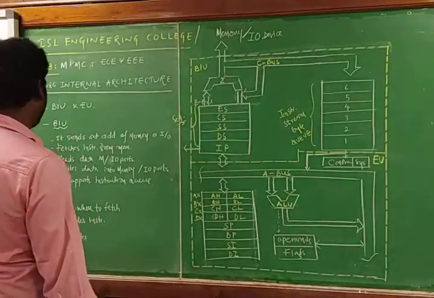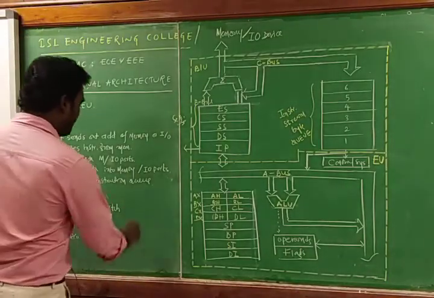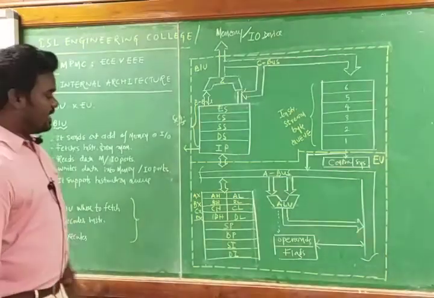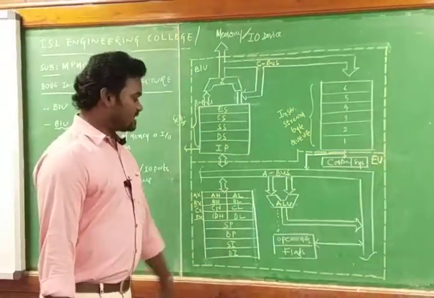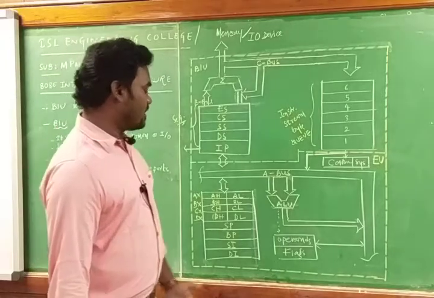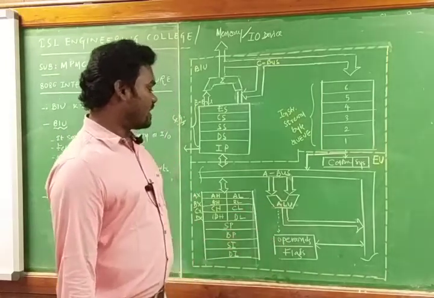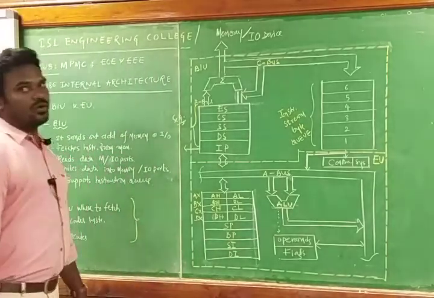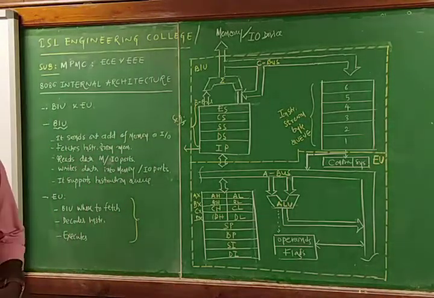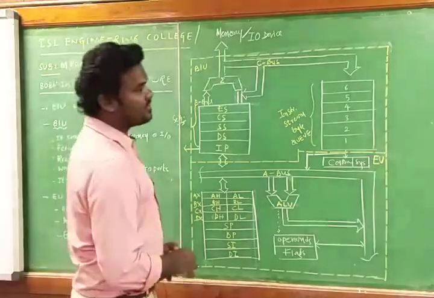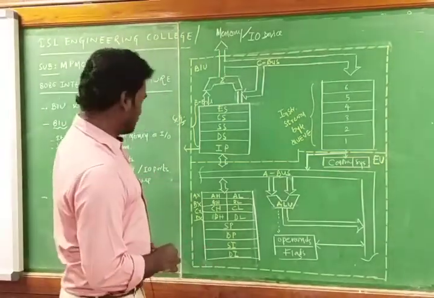To perform all these three functions, it requires some general purpose registers, some pointer registers, some index registers, some flags, some operands, and some ALU. The execution unit not only executes the instructions, it also performs some arithmetic and logic functions.